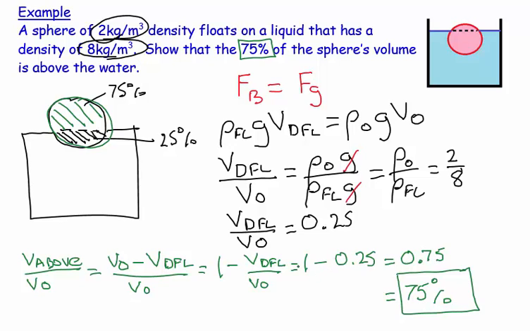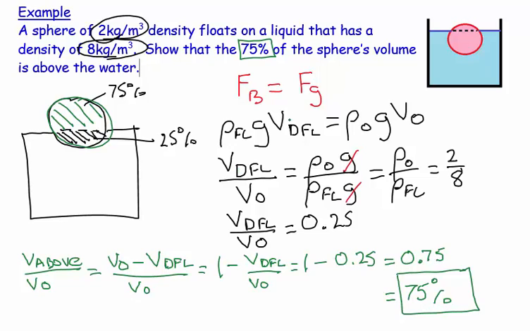So we visualized, and we recognized that the conceptual underpinning was that for objects that are floating on the surface, the buoyant force is equal to the weight, equal and opposite because they're in opposite directions. I then expanded those two terms.